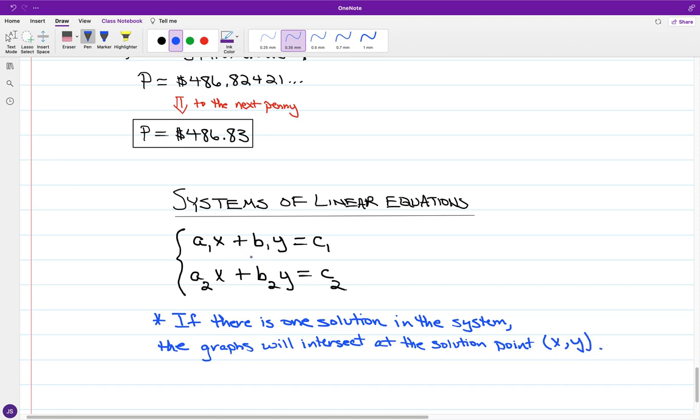So you're looking at the values of x and y that will fit into both equations in the system.